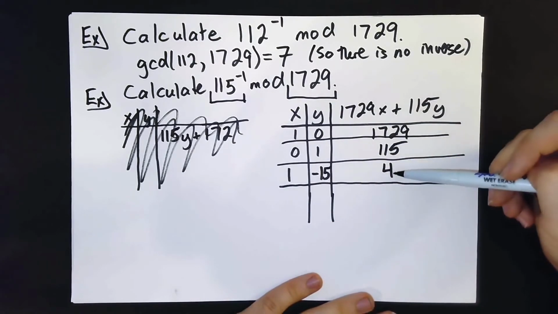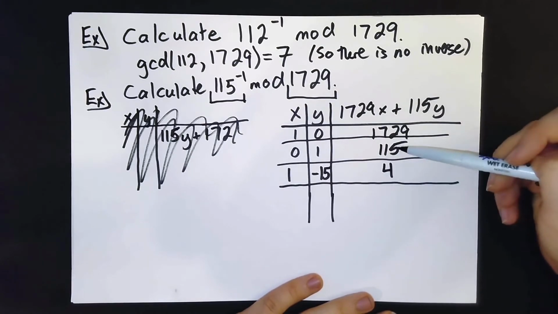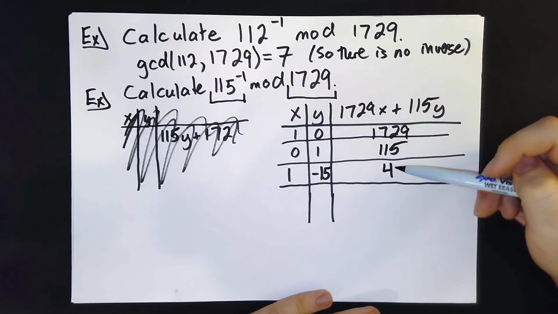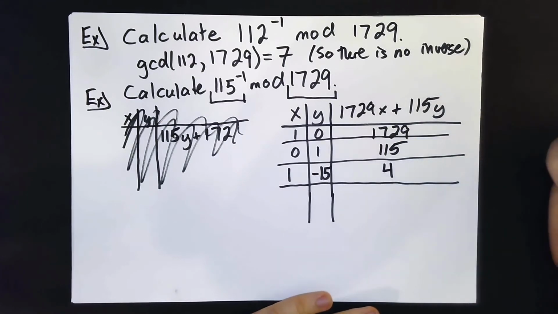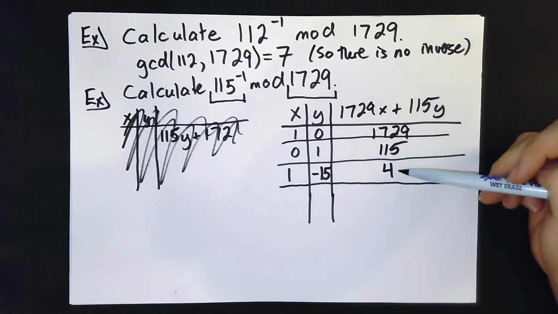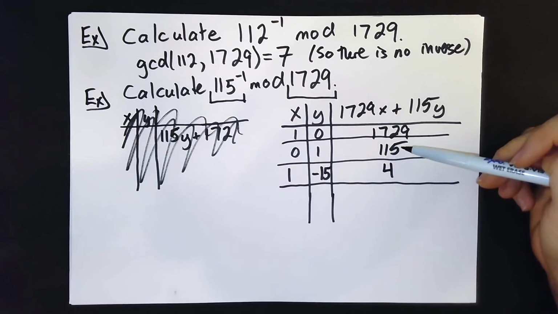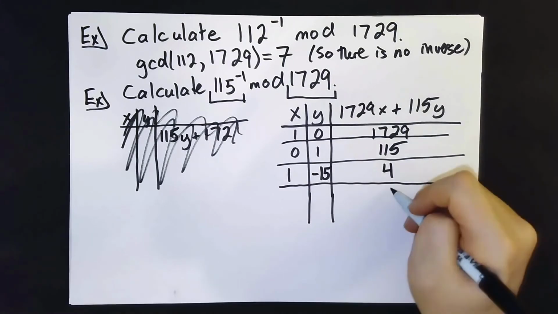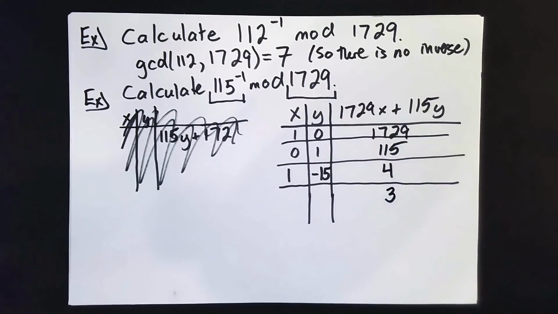How many times does 4 go into 115? 4 goes into 115 28 times. So I want to subtract 28 times 4 from 115. When I do that, I know I'm going to get 3.